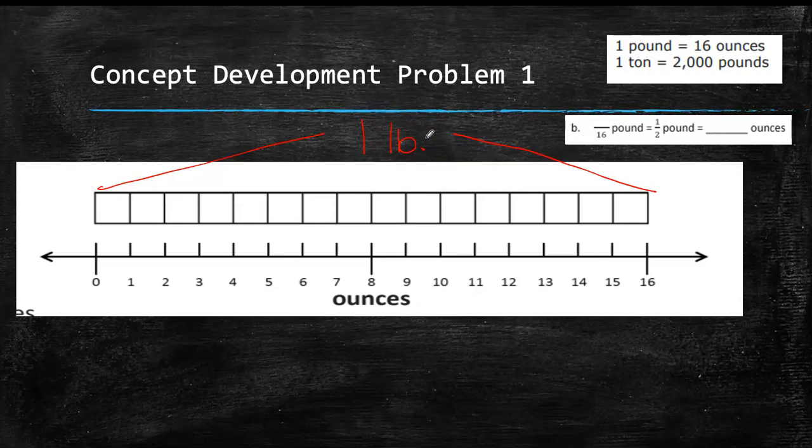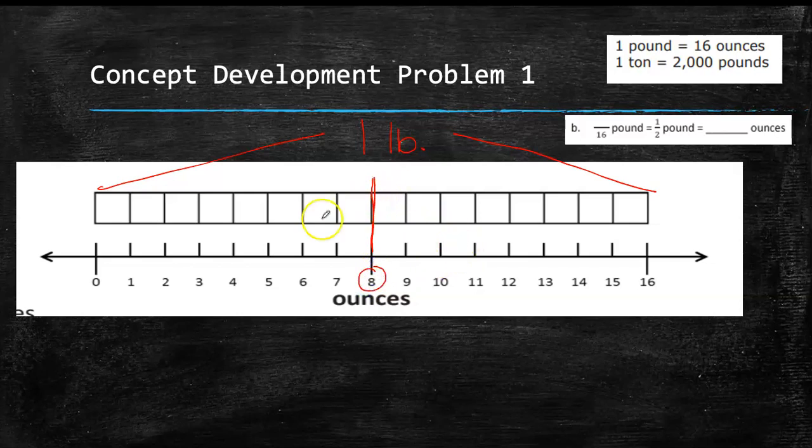But I don't want to know the full pound. We already did that. I want to know what's 1/2 pound. How many ounces is in 1/2 pound? Or where can I partition my 1/2 pound? That's great. You guys already knew that I needed to partition right here because 1/2 of 16 is 8.